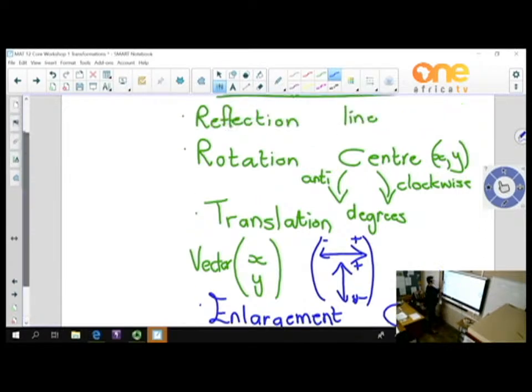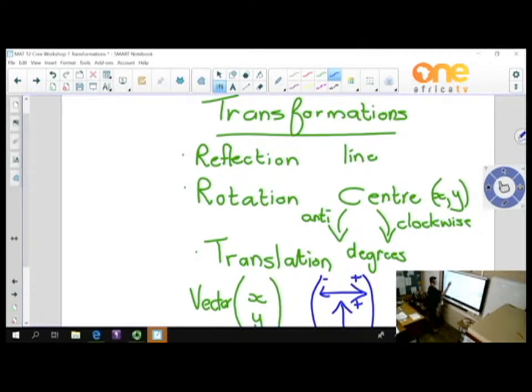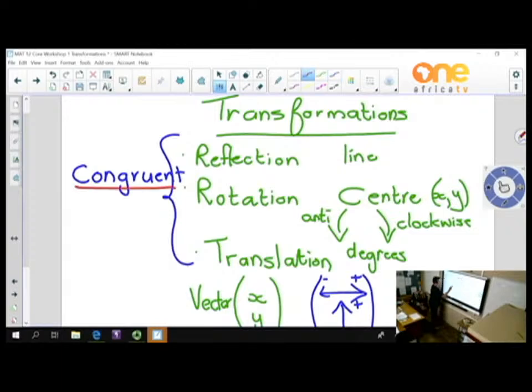Something else that's very important to know is a reflection, a rotation, and a translation are congruent. What does the word congruent mean? Same shape, same size.